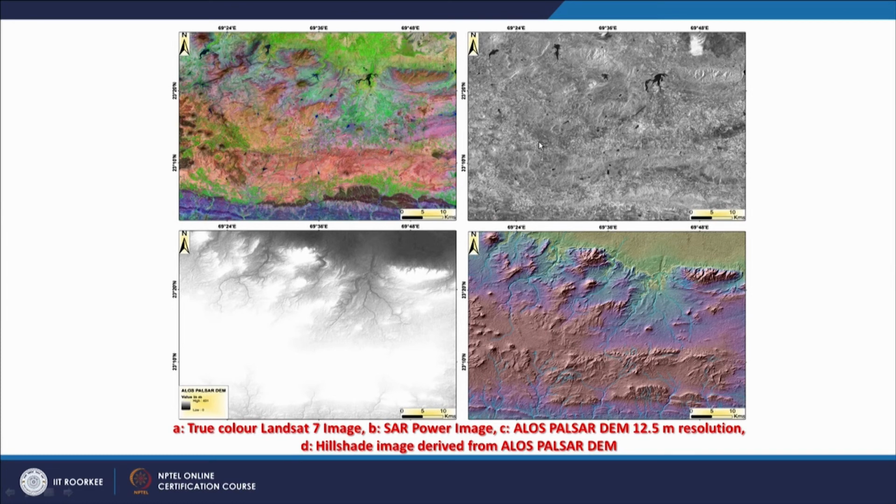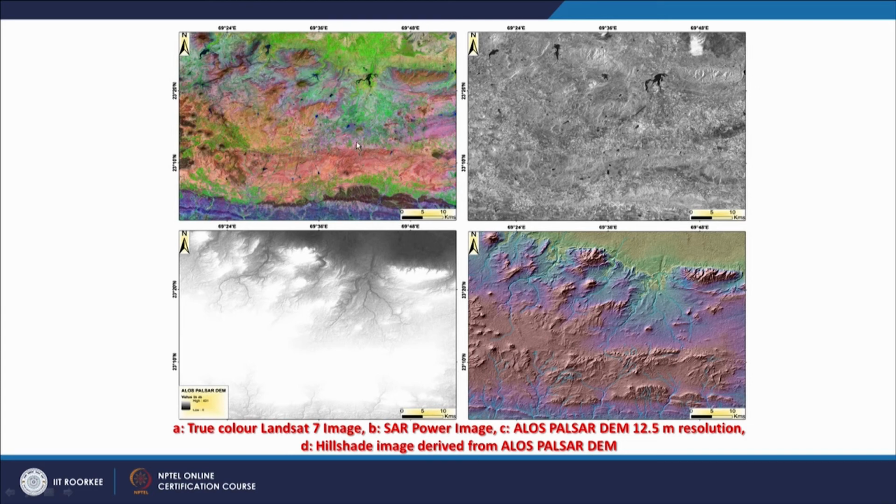Using this ALOS PALSAR data pair, a digital elevation model, shown on the bottom left, was generated at 12.5 meter resolution for the Kutch region of Gujarat, India, and a shaded relief model generated from this ALOS PALSAR DEM is also shown here.